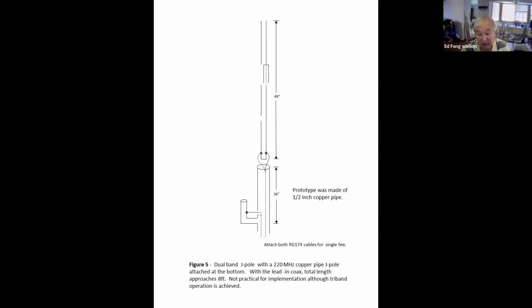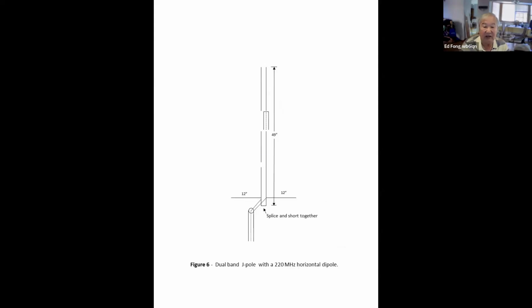Problem, I knew they wouldn't accept this, but I was playing around. It worked. Yeah, so I tried this. Again, remember, I can't take advantage of that resonance anymore. Next thing is I tried this. 12 inches, that's halfway resonating for 220.